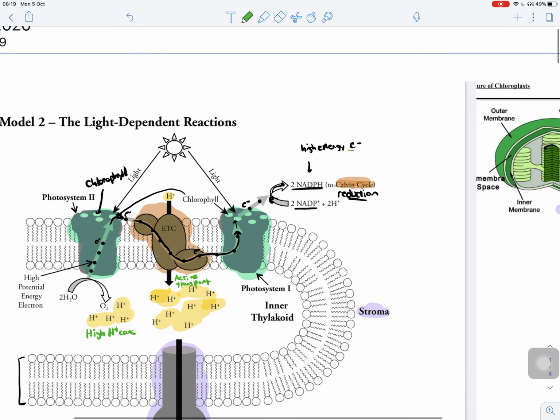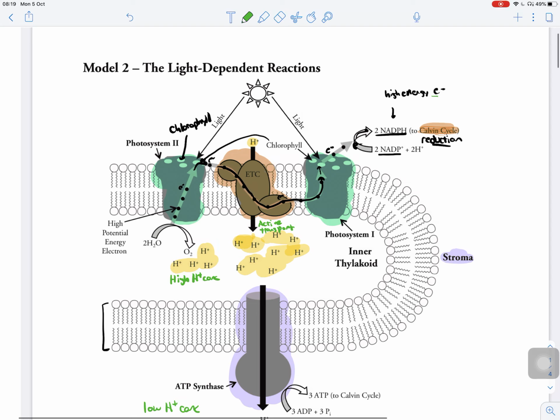Now, this excited electron from photosystem 2 has gone off to NADPH, so that needs to be replaced with an electron. That comes from H2O. This idea is called photolysis.